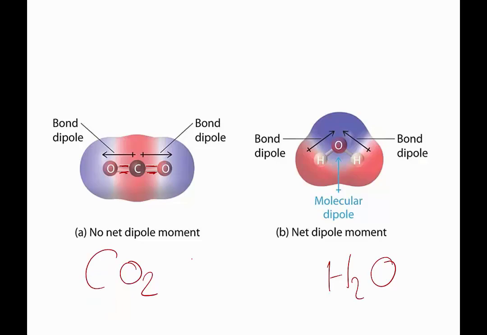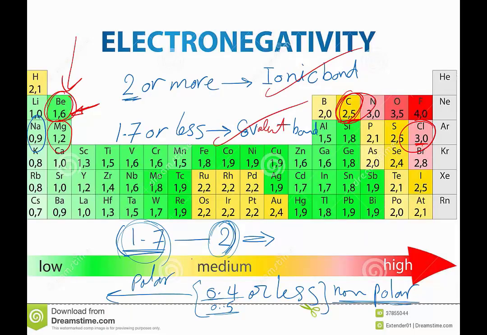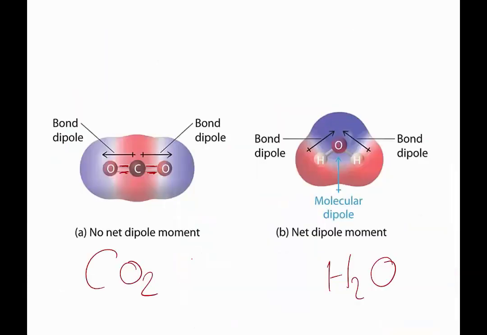Oxygen, as you see here, is 3.5, carbon is 2.5. Oxygen is stronger, so oxygen becomes a little bit negative, carbon becomes a little bit positive. So here we have 2 dipoles. Dipole to the right and dipole opposite to the left.